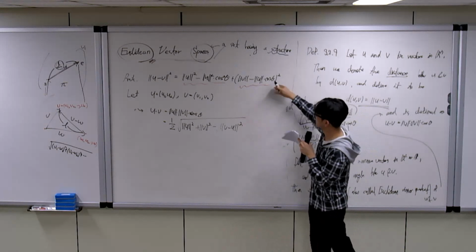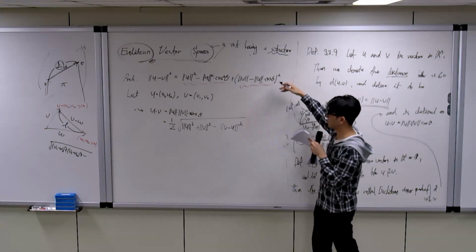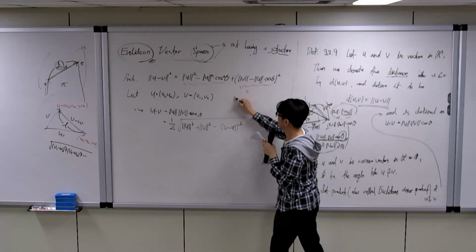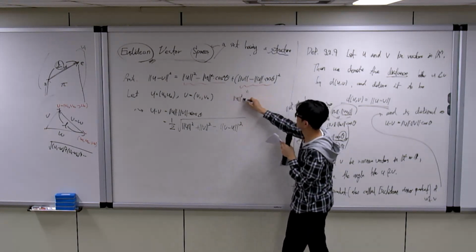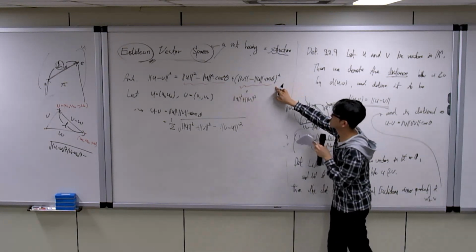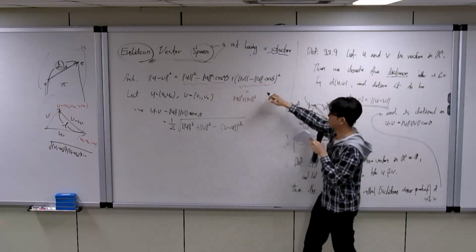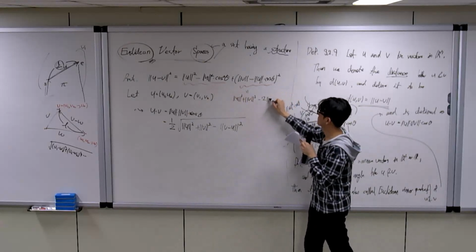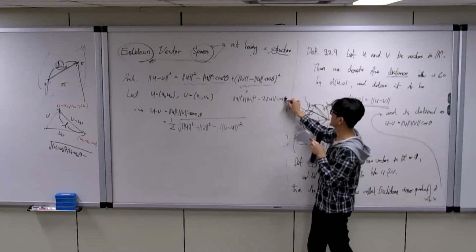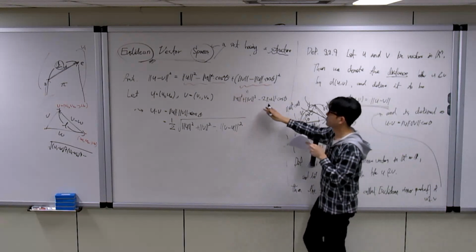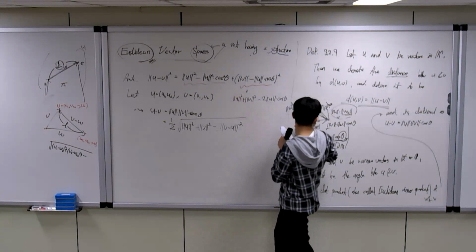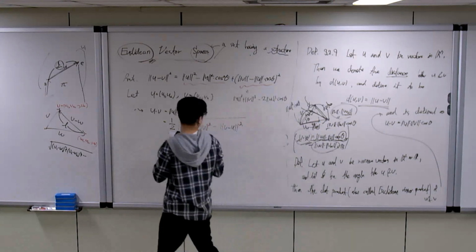By solving this equation, we will get U square plus V square, and U square cosine square will be removed, and minus 2 norm U norm V cosine theta, and it was a distance.